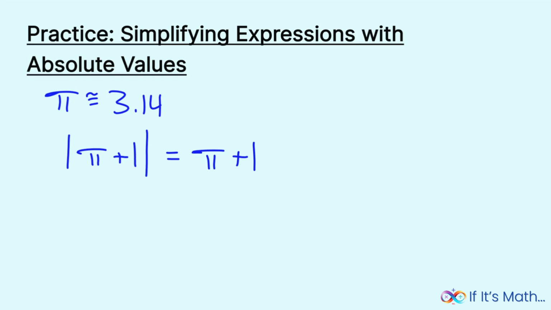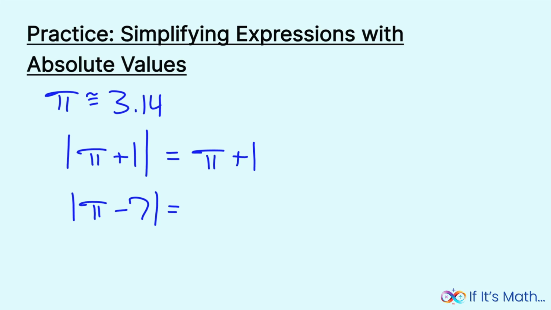But what if we were doing something a little different? Let's say we had the absolute value of pi minus 7. Well, pi again is around 3.14. So if we do 3.14 minus 7, we know that's going to be negative because the negative part is bigger than the positive part. So the answer to this is going to be negative.